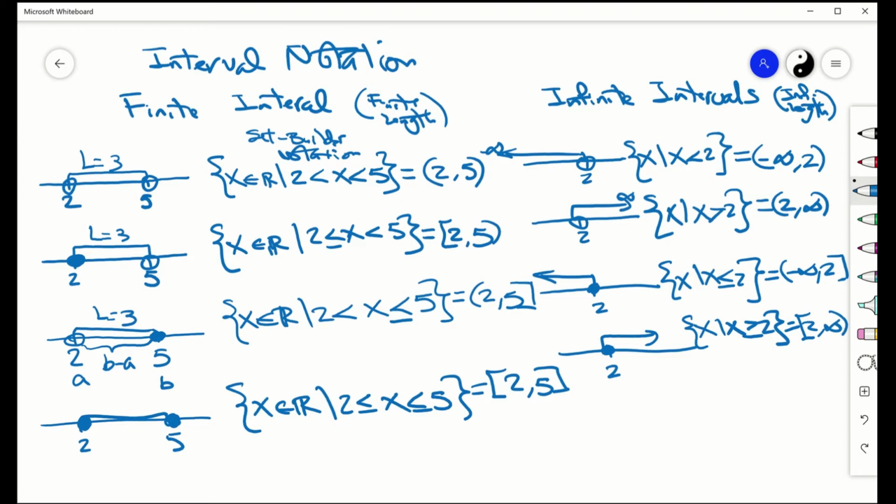Now, these are the finite intervals as well as the infinite intervals that we will encounter as solution sets to the inequalities that we're going to solve. Make sure you understand these before we proceed.